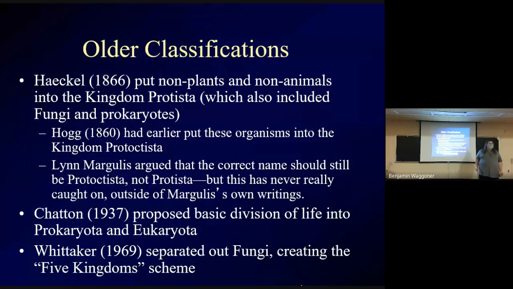Margulis always argued that protoctista was the right name for these, and you'll see this term if you ever read stuff written by her or by people closely associated with her. She wrote about protoctists an awful lot. So you might see it if you go on to do further reading, but outside of her own circle, the term never really caught on. People still say protist a lot.